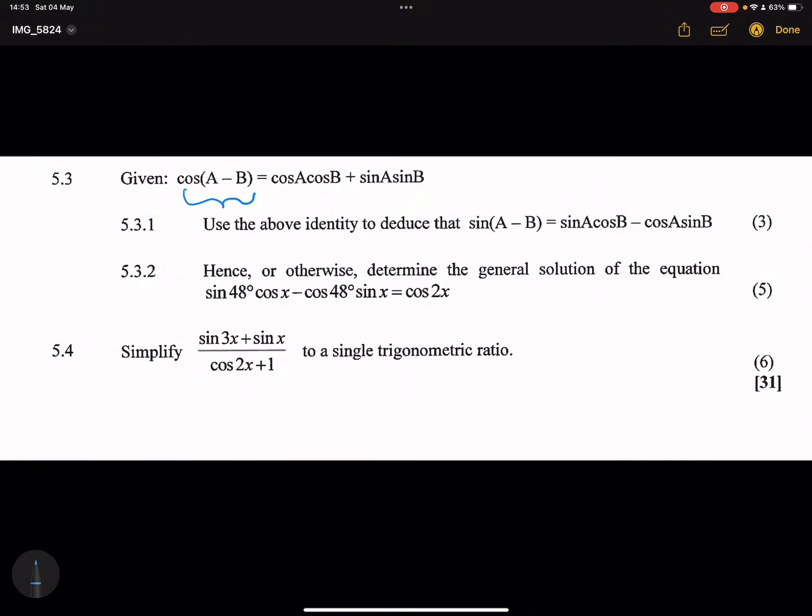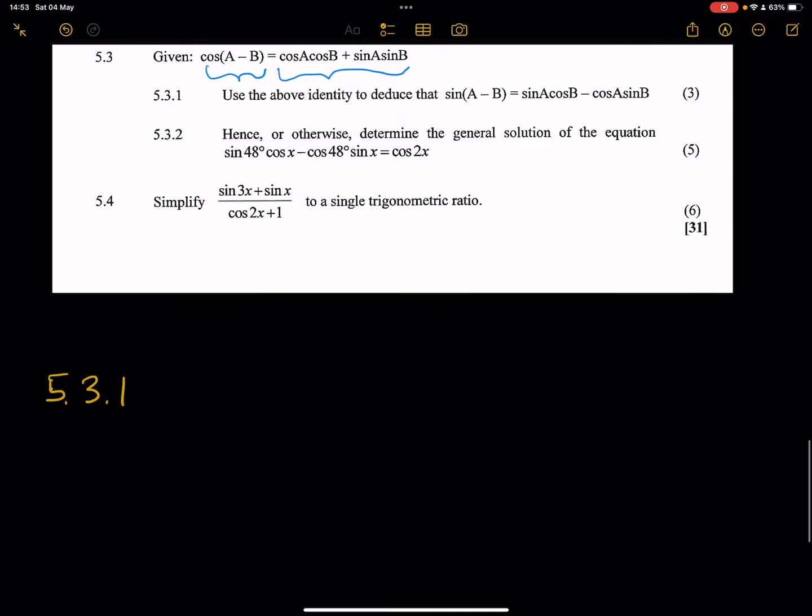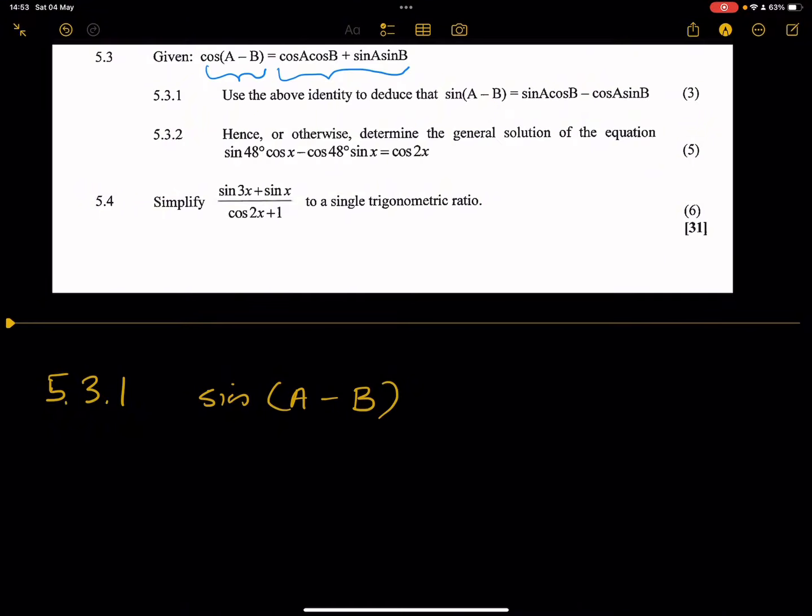So that I can be able to use that. Now, how do I convert sine into cos? Now, you remember sine of a minus b, would you agree with me that this is the same as cos of 90 minus a minus b.